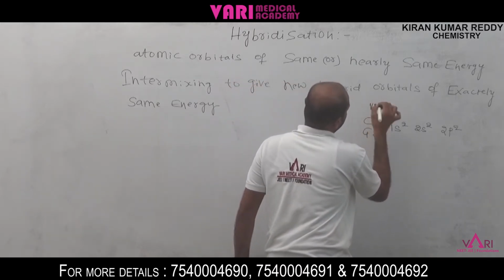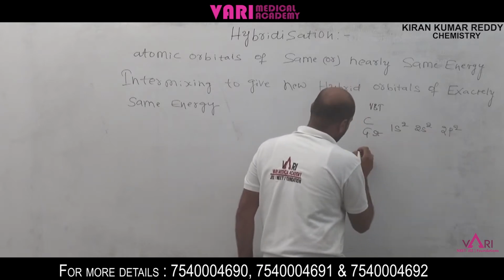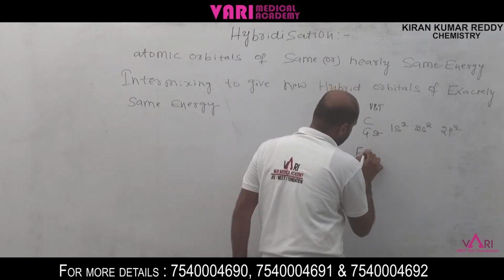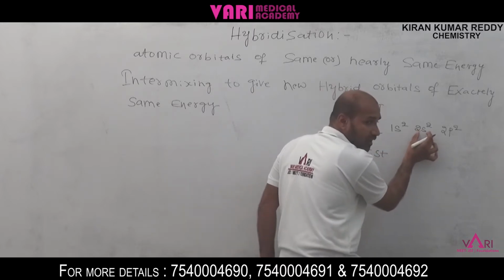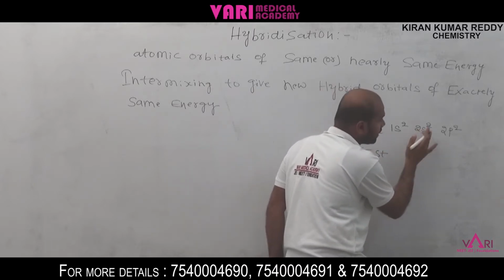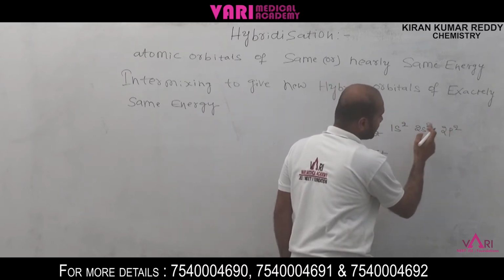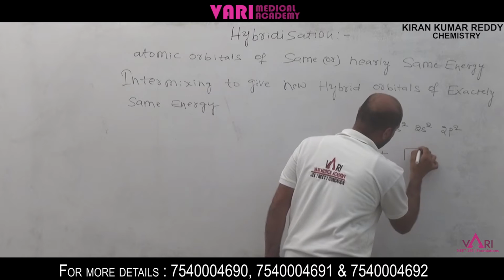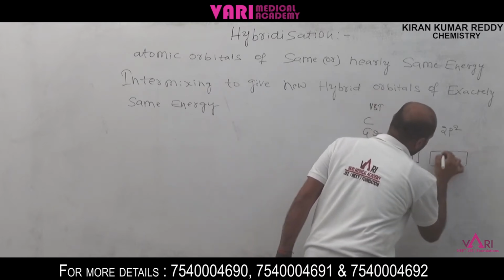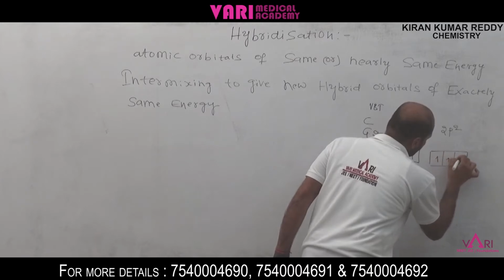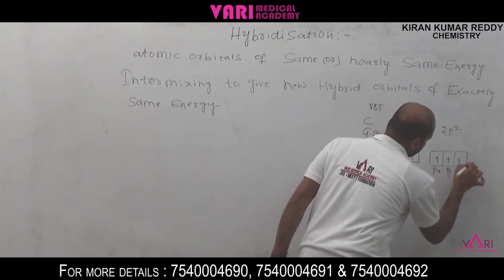Now in the first excited state, one of the electrons jumps from the s orbital to the p orbital. So 2s1 and 2p3, which are px, py and pz.